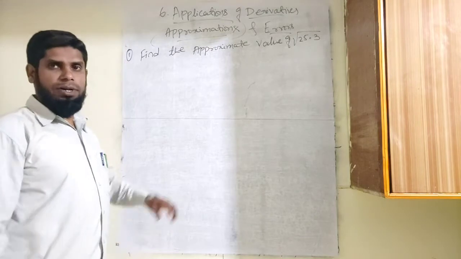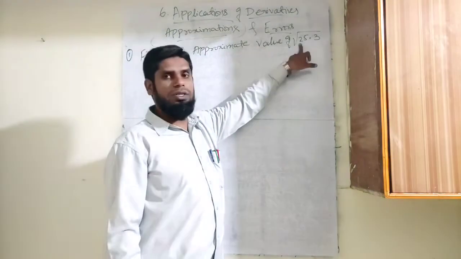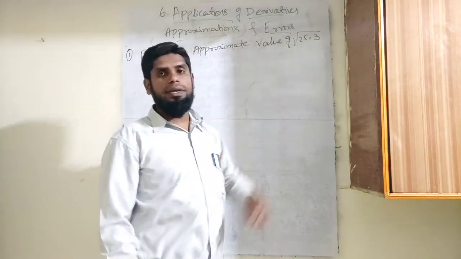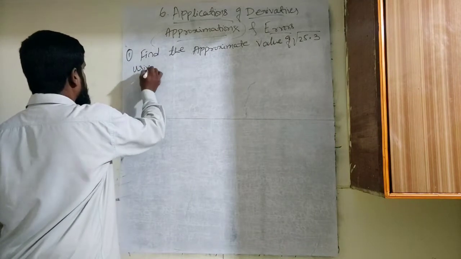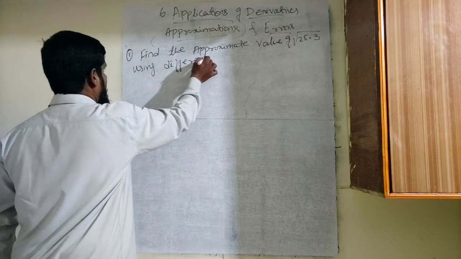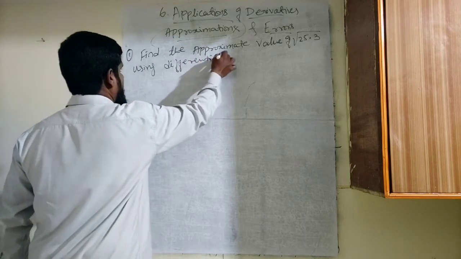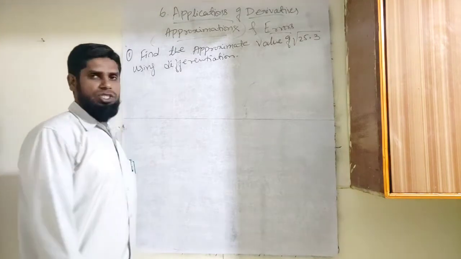I'll read the question one more time. He's asking us to find the approximate value of root 25.3 using differentiation.